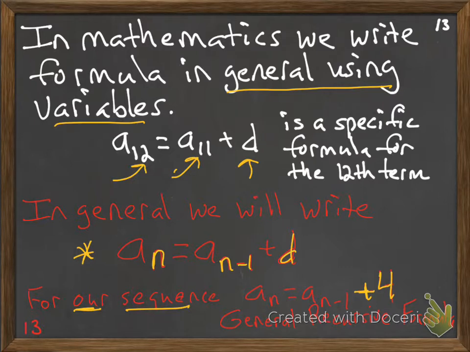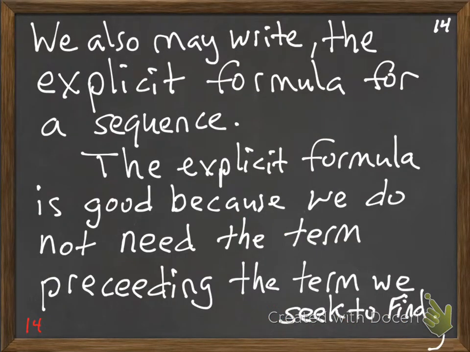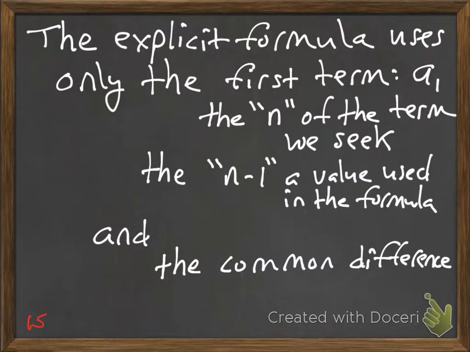As I was saying, we also have a special formula called the explicit formula because we do not need the preceding term. The explicit formula uses only the first term.